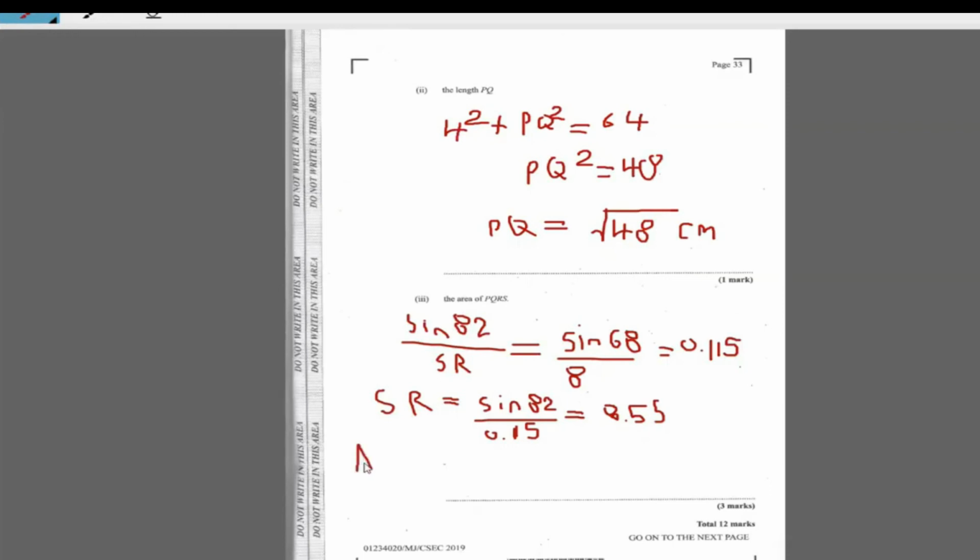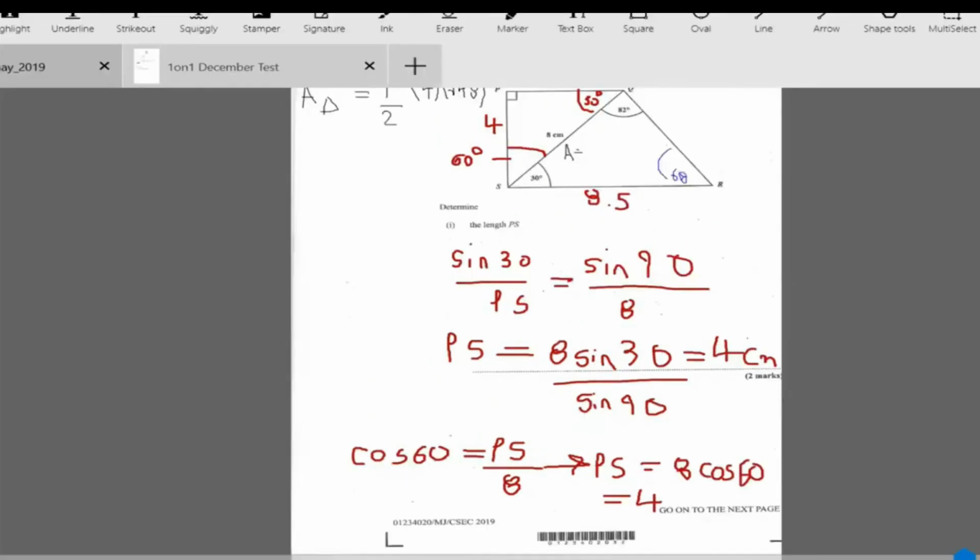The area of the quadrilateral in total is equal to the area of triangle PQR plus the area of triangle SRQ.